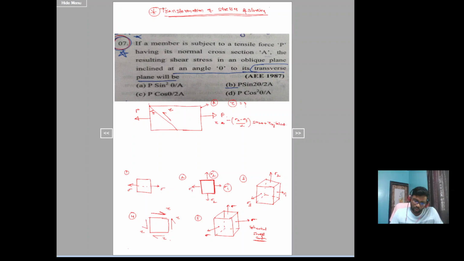On these two perpendicular planes, tau xy is 0. Sigma x is the sigma value, sigma is equal to p by a. So that is (p by a minus 0) by 2 into sin 2 theta, which equals p by 2a into sin 2 theta. That is tau is equal to p by 2a into sin 2 theta. So this is using the transformation equation.